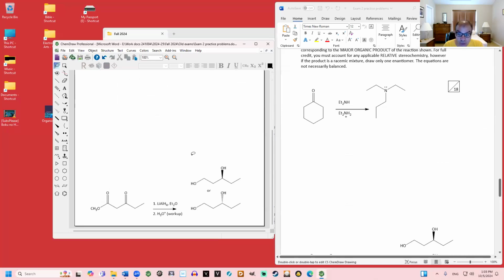This type of question checks to see that you know your reactions and you're able to apply the material from class to examples that are not identical to the ones in class. You need to apply the same concepts to a situation with different particulars.